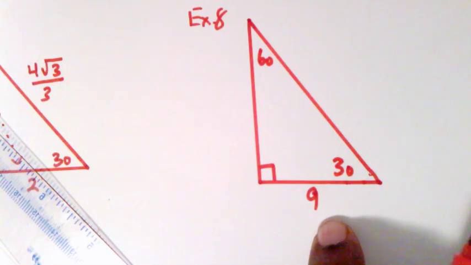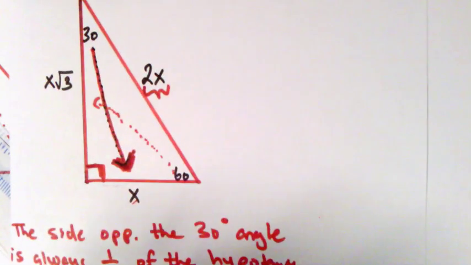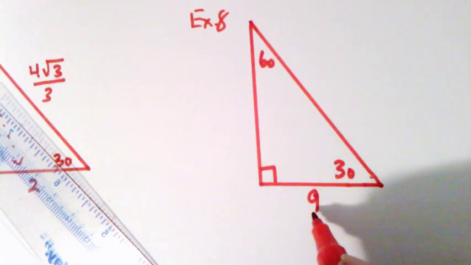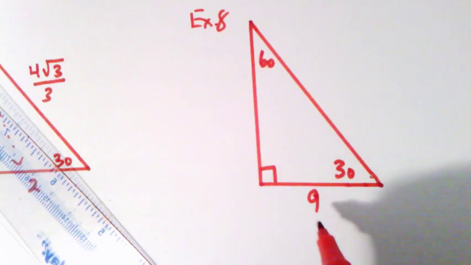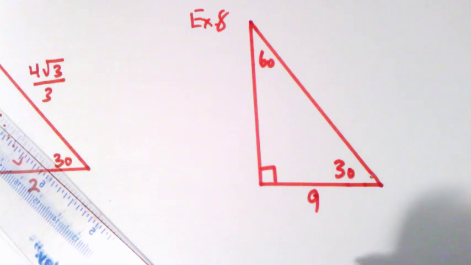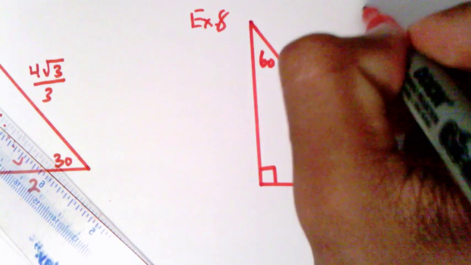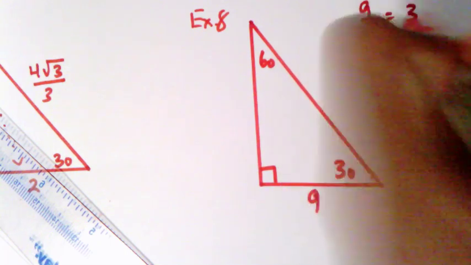So, look at your formula for your triangle. I'm given the side opposite 60 degrees, and that's x times radical 3, which is supposed to equal 9, right? How do I undo this? If you follow my technique, take this number and divide it by 3. 9 divided by 3 is equal to 3, right?